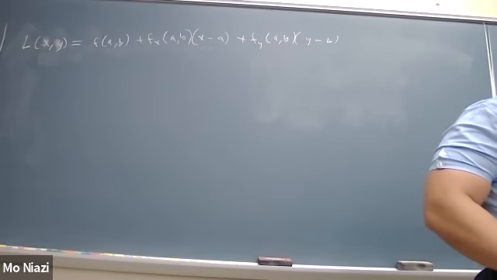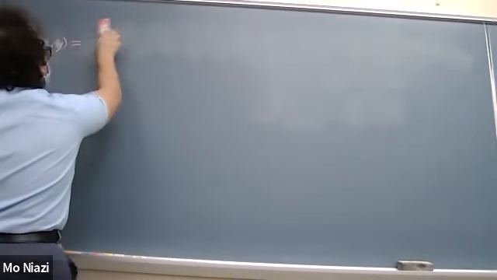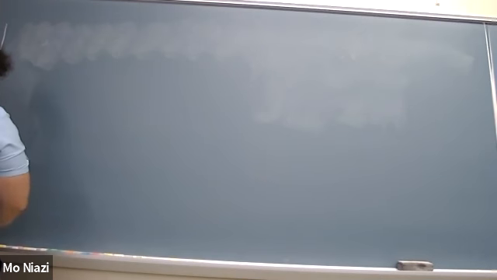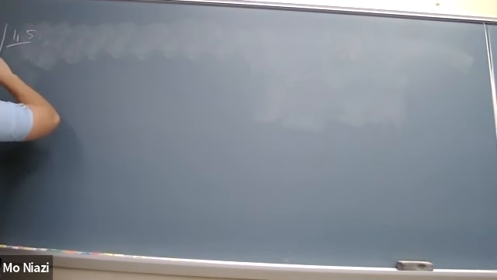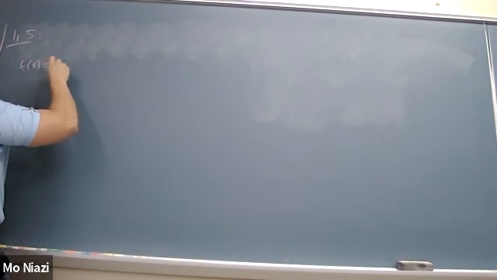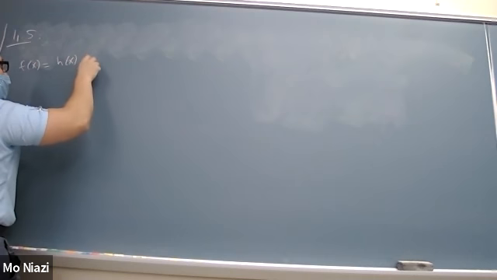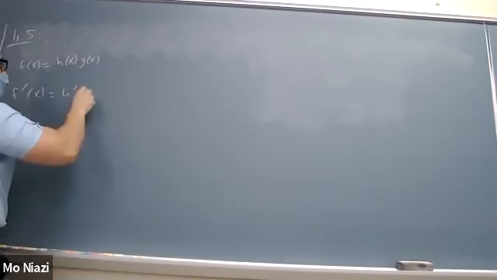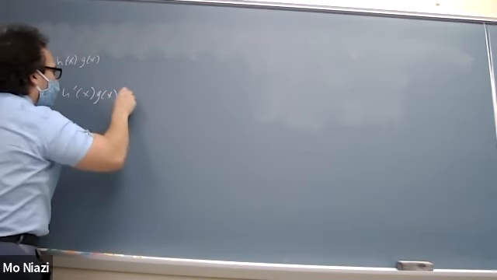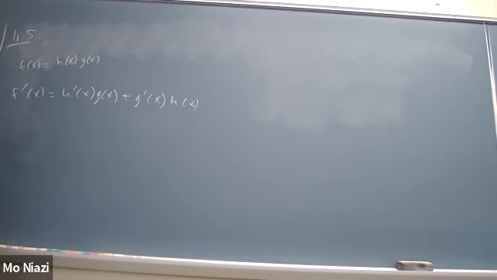Let's move on to 11.5, the chain rule. Okay, here we go. So recall back in Calc 1, let's say we had a function f of x defined as multiplication of two functions, h of x and g of x. To take the derivative of f of x, you had to do this. Remember what this rule was called?